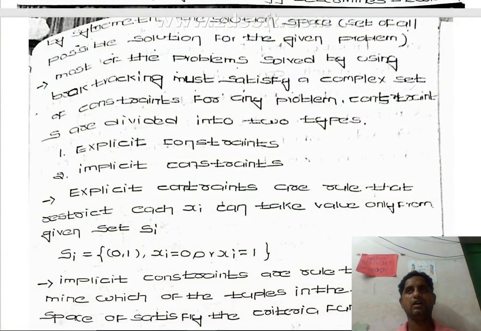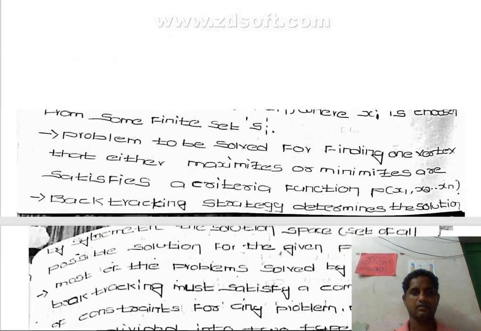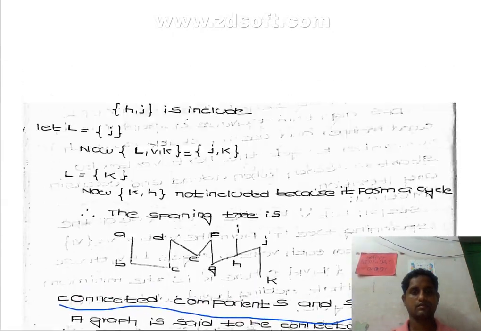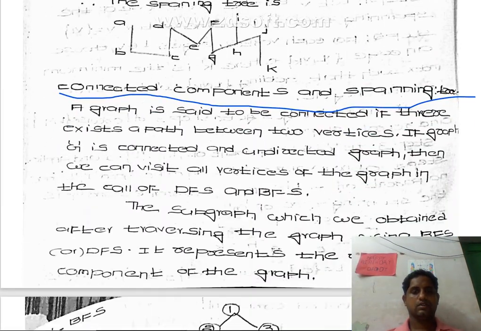So what are connected components? See here. A graph is said to be connected if there exists a path between any two vertices.